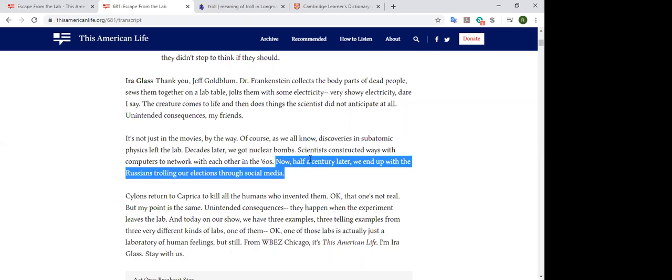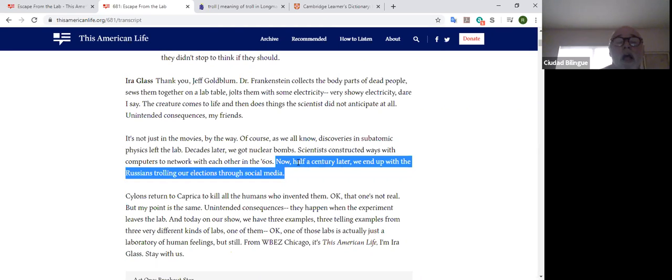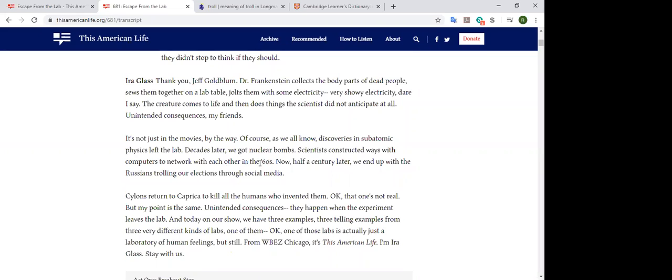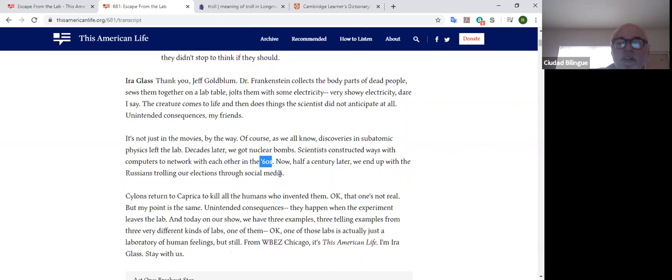After nowadays. No, not after nowadays. Nowadays is construct ways with computer to network with each other in the city. Right. A half a century after the 60s. The 1960s, which is a little over a half a century later.